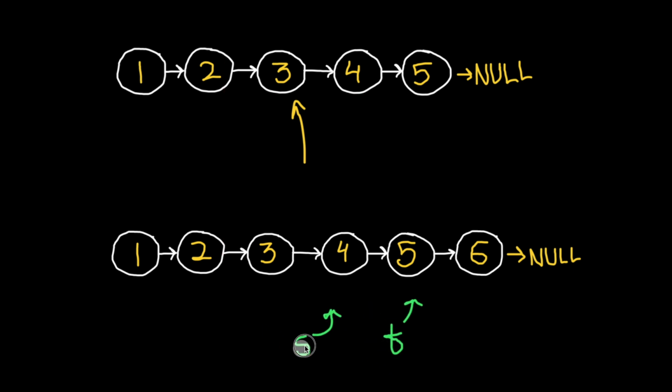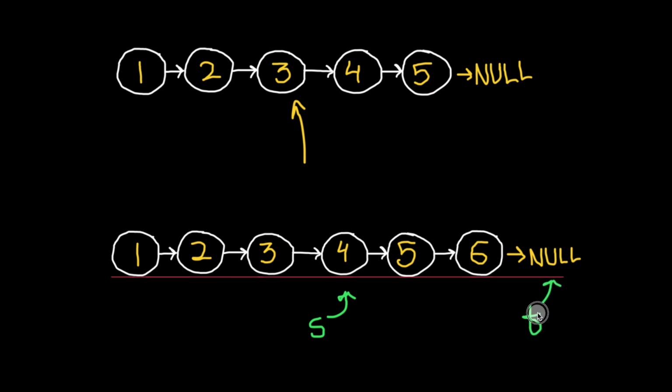In the third iteration, it will come here, but the fast pointer, when it moves twice, will reach the end, that is null. Okay. So now it knows that it can't move forward. So now if we see what the slow pointer is pointing to, it is pointing to the middle of the linked list, that is 4.